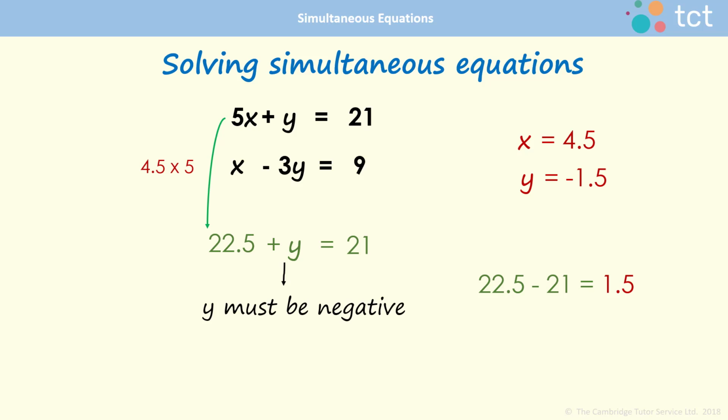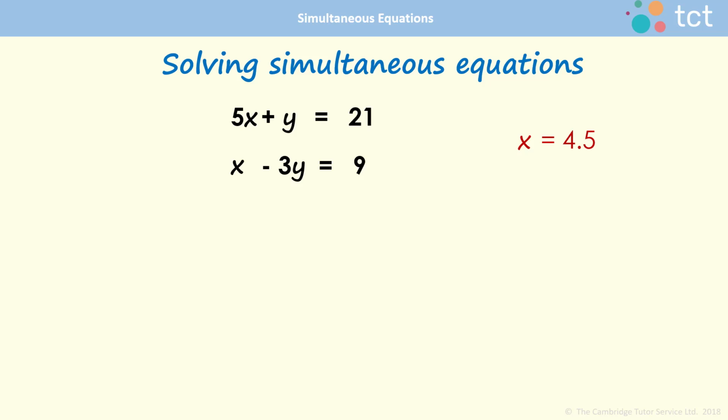You could do this another way and just replace that x at the bottom with 4.5 because you know that's what x is worth. If you do it that way, you've got 4.5, take away 3y equals 9. And again, you'll see you've taken a number away and you've ended up with a bigger number. So you know that that 3y is negative something.